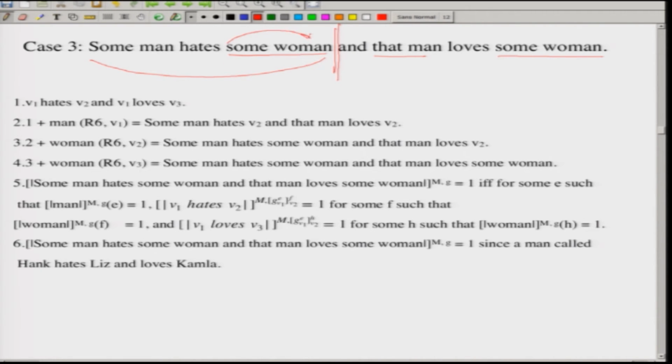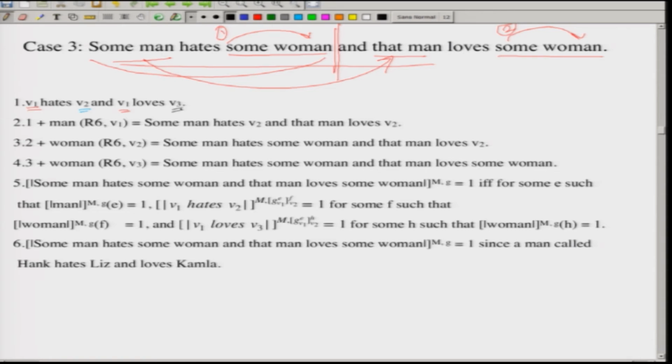This some binds this, but these are two different bindings. Here is a case of repetition, that is why we have V1 and V1, but these are two different things. So we have V2 and we have V3.